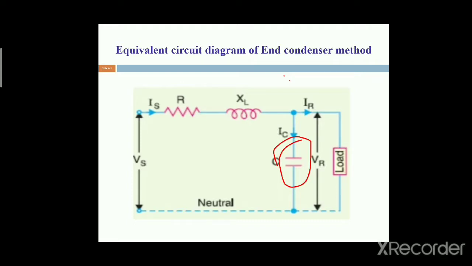At the end of the transmission line, or at the receiving end of the transmission system, we are connecting the capacitance value. Then it is known as the end condenser method.